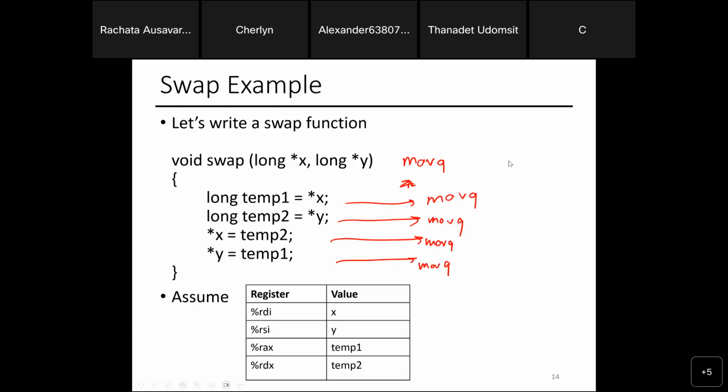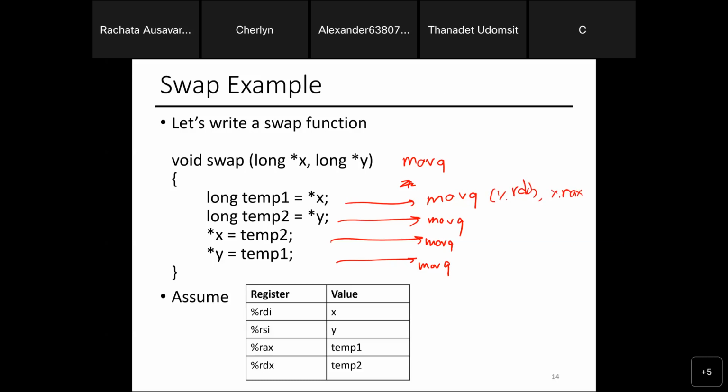Okay, so how do we do this? First line, what's the source and what's the destination? Source, in parentheses, percent RDI. And we put it in where? You don't have to use parentheses, because in this case temp is a value. It's a register, right? You don't need to do pointer referencing in this case.